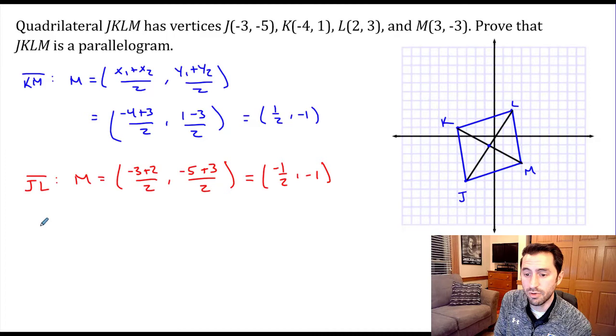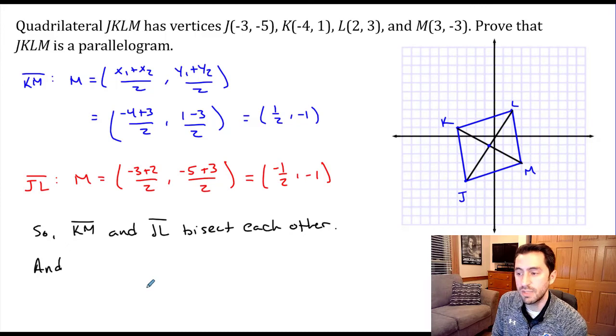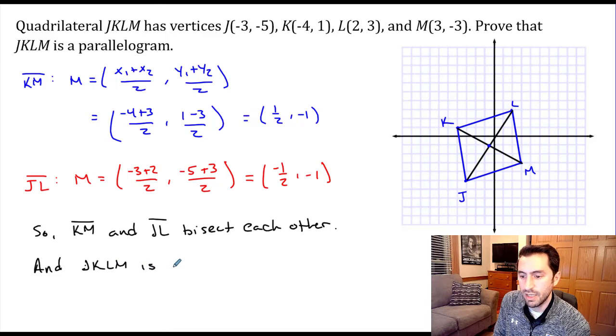And just to summarize these findings, KM, which is one of our diagonals, and JL, which is the other, bisect each other. And because they bisect each other, using the parallelogram diagonals converse, we know that JKLM is a parallelogram.